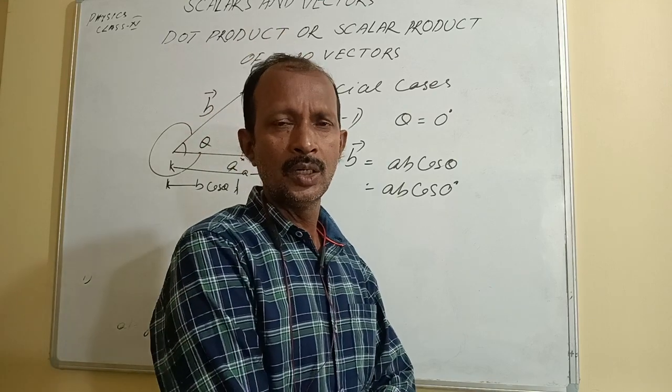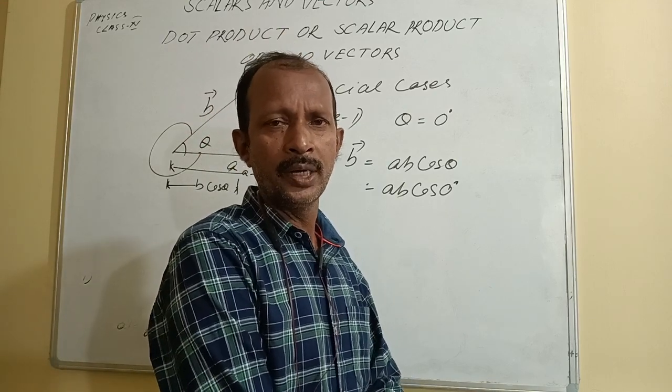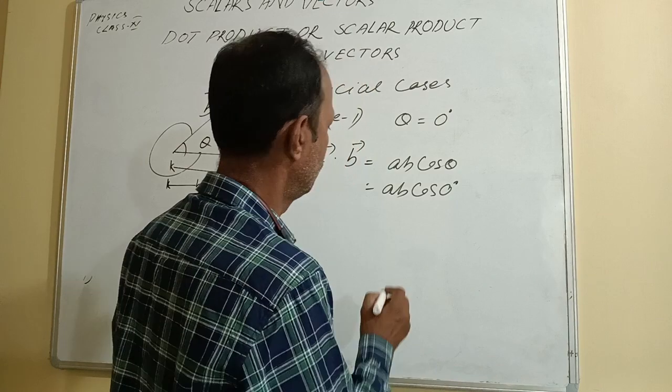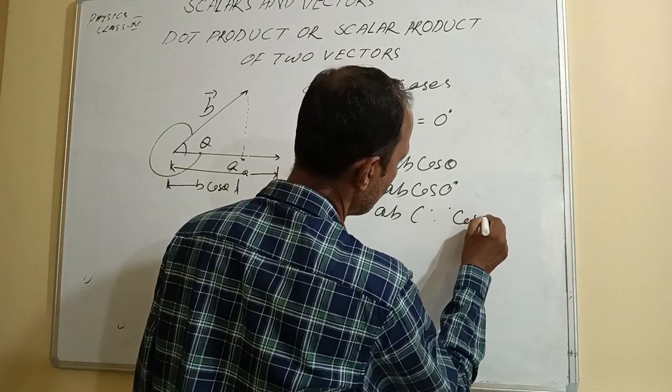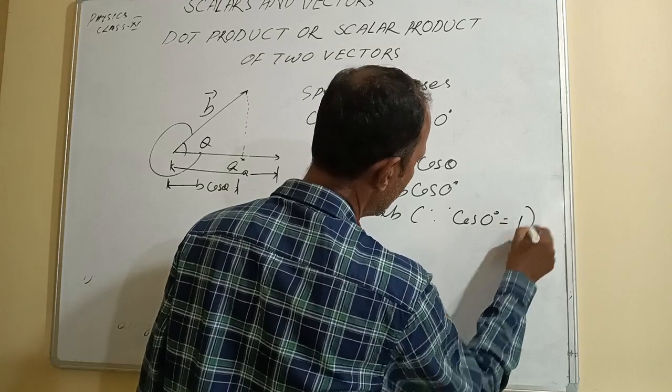You know that cos 0 degree is equal to 1. So I can say that A dot B is equal to AB, since cos 0 degree is equal to 1.